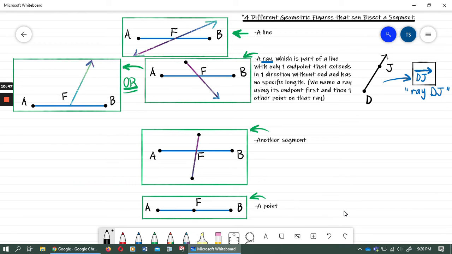Now, guys, if you were looking at all of these, let me say, if I were to ask you a question, is F in all of these? So you see what I got here and remember, guys, we said that when you're naming a point, you just name it a capital letter.